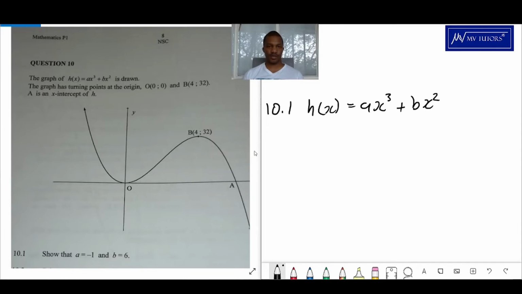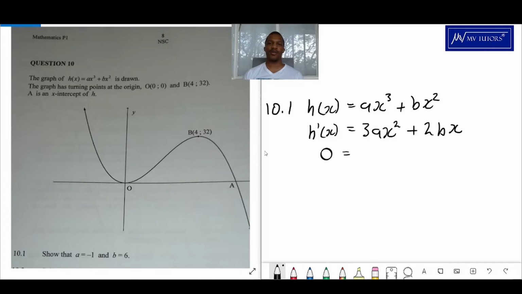Now we're told that this is the turning point, and we know theoretically to get the turning point you take the first derivative. This is the equation of a gradient. So this is gonna be 3ax to the power 2 plus 2bx. Now the gradient at the turning point is 0, so we'll substitute 0 there.